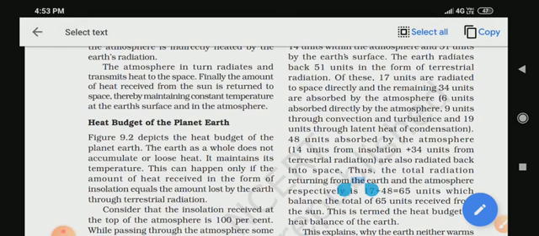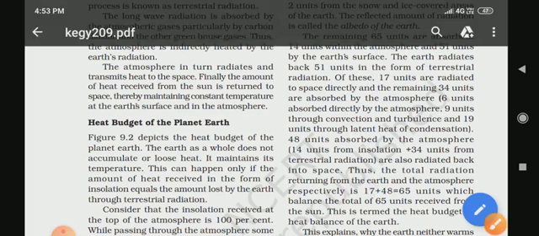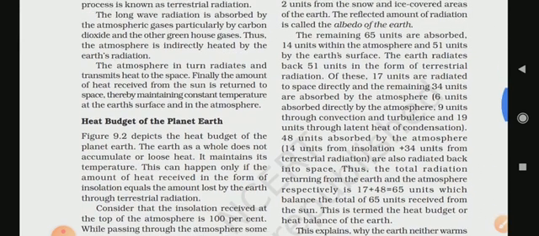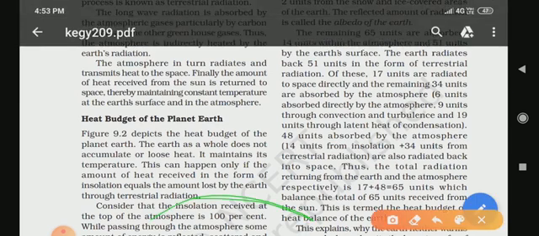Only the remaining part of heat reaches the earth's surface; roughly 35 units are reflected back to space. So here, I'll just draw a diagram. Through this you can understand, suppose this is our earth, and here is the sun.